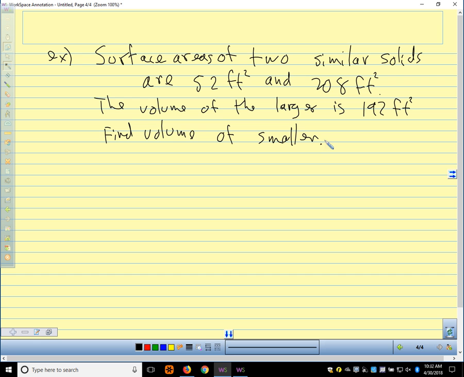So this is almost the exact same problem, except now this time we're starting with surface area instead of starting with volume. But we're going to solve this problem in the same way. So our plan: we're going to use the area ratio to find the length ratio, because we know how those two are related.